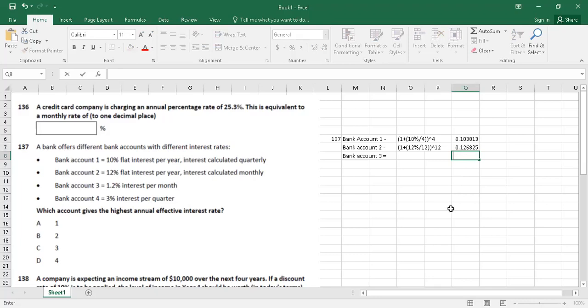And this is 1 plus, per month interest is already given, 1.2% whole to the power of 12 times.